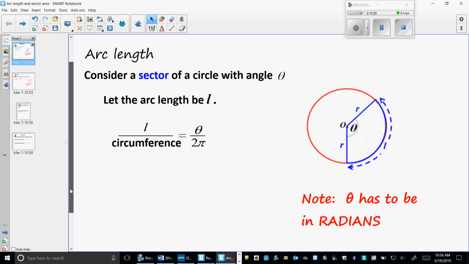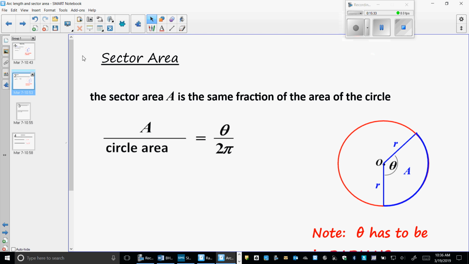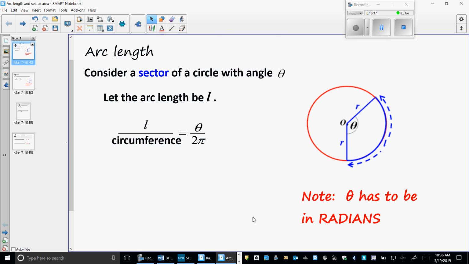That means, therefore, that if we rearrange this, how do we do it? L equals theta r, I think.